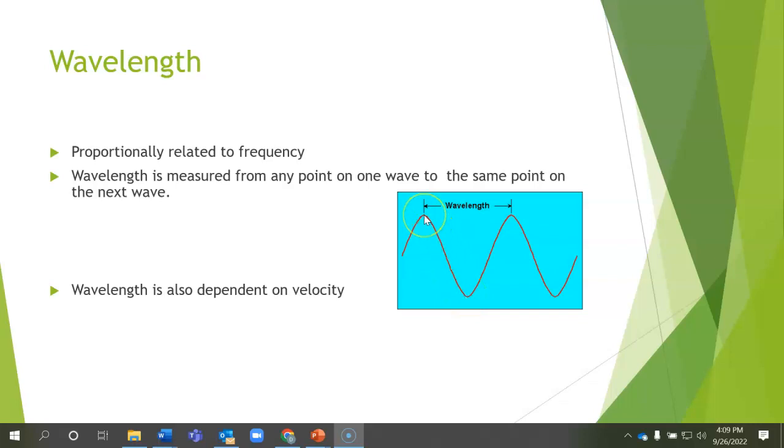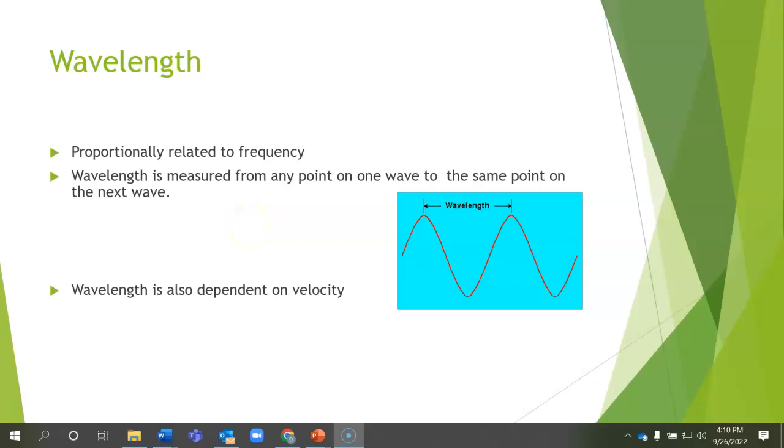So it's easiest to measure the wavelength from the peak of one to the peak of the wave next to it. Okay. So wavelength, or lambda, is the distance between the two. Again, lower frequencies have very long wavelengths, and higher frequencies have very short wavelengths.